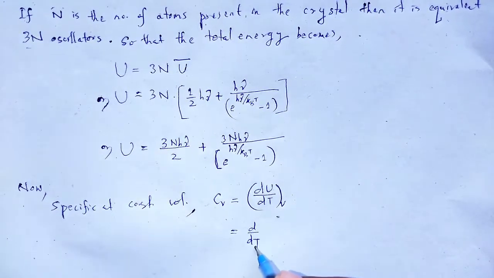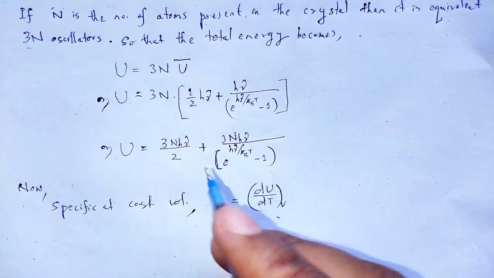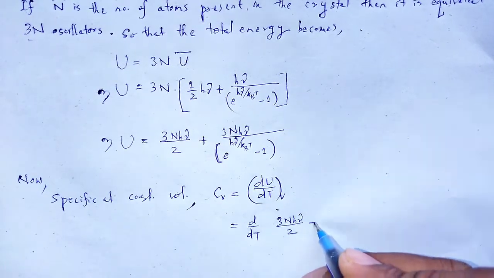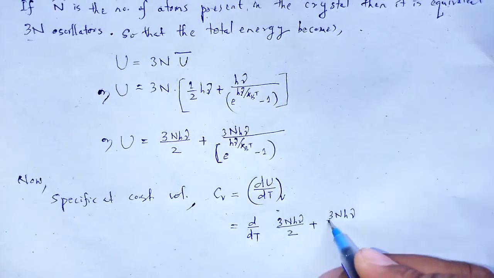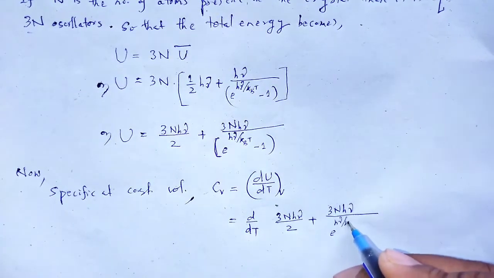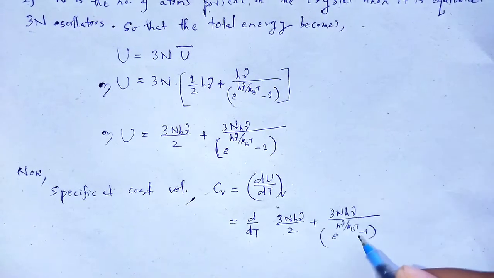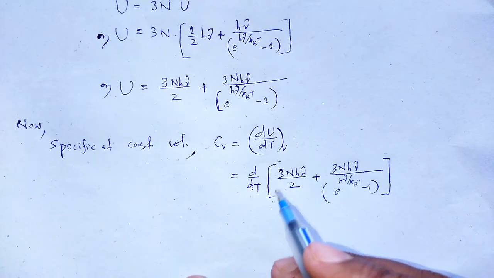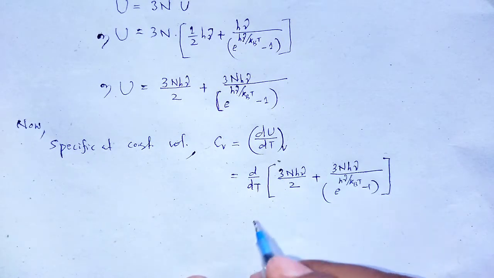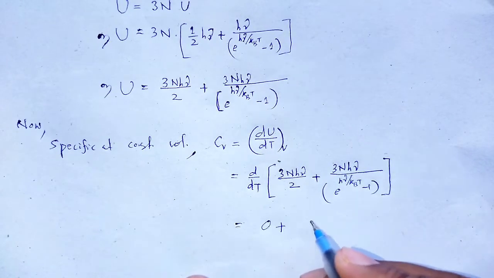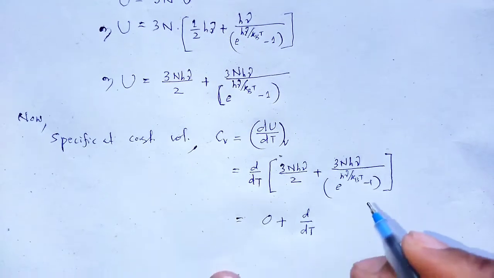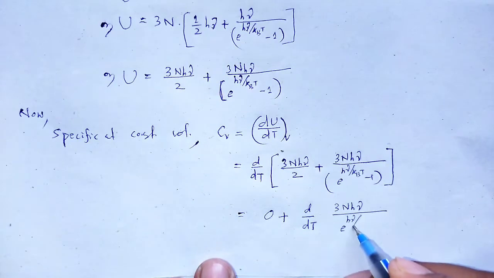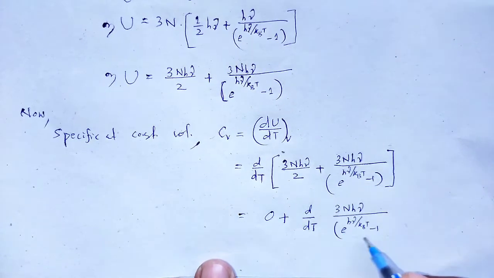So d by dT of the total energy U, that is 3n h nu divided by 2 plus 3n h nu divided by e to the power h nu by kBT minus 1. In its differentiation, the first term has no temperature dependence, so that will be 0, plus the next term, d by dT of 3n h nu divided by e to the power h nu by kBT minus 1.